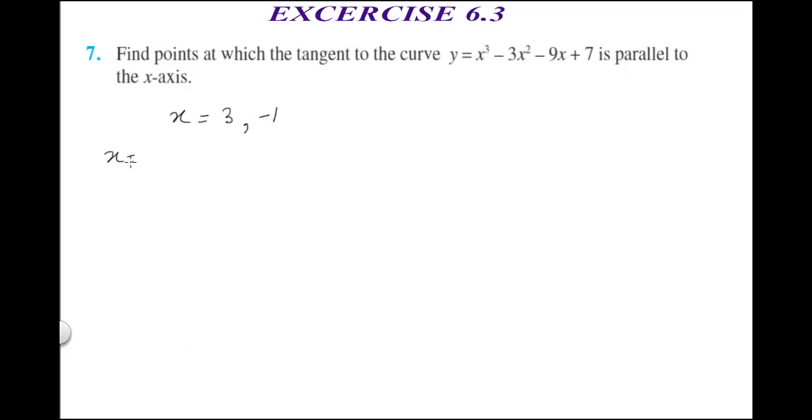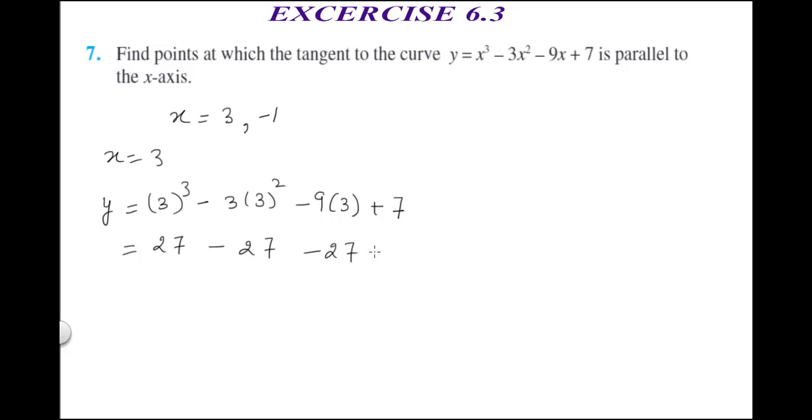At x equals 3, the value of y is equal to 3 cube minus 3 into 3 square minus 9 into 3 plus 7. 3 cube will be 27, minus 27, minus 27, plus 7. These will get cancelled and from here we will get minus 20. So the point is 3 comma minus 20.